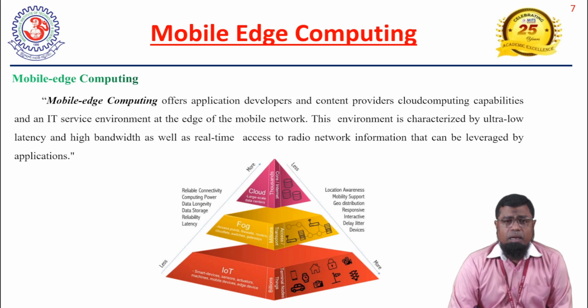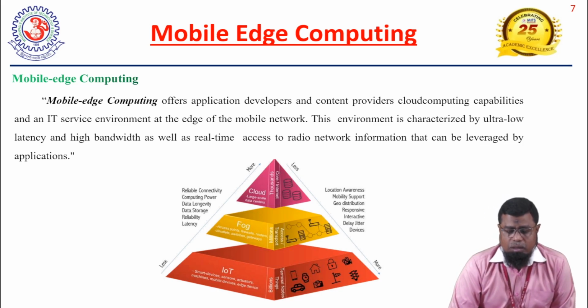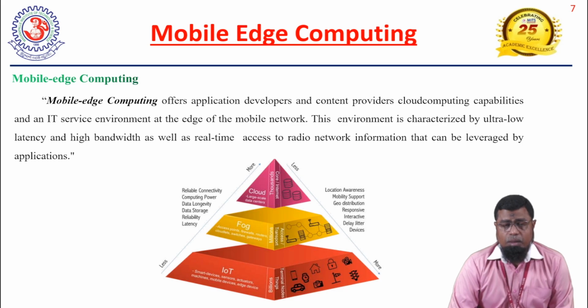Here in the diagram, it is mentioned how the layers are placed in the cloud technology. The uppermost layer of this pyramid is the cloud layer, which is represented in a different color. The middle layer is the fog layer. You can see that on the right hand side of the pyramid, the devices involved in each layer are also shown in the diagram.